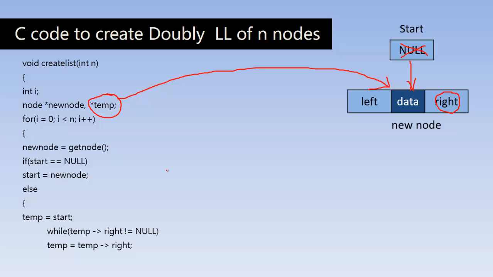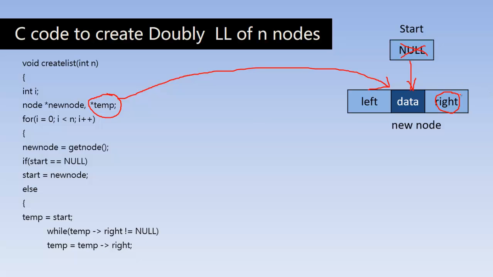I'm continuously storing the temp of right again into temp so that it will point to the next node every time, right? So is temp arrow right equal to null? No, not. So I'll store the temp of right again into temp.